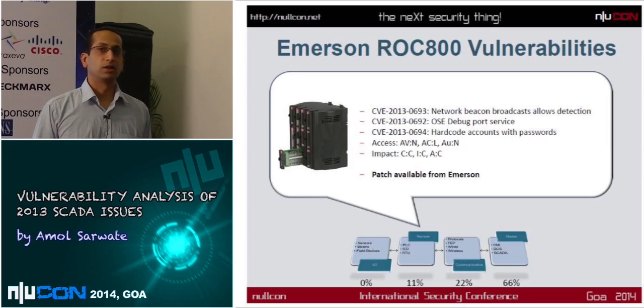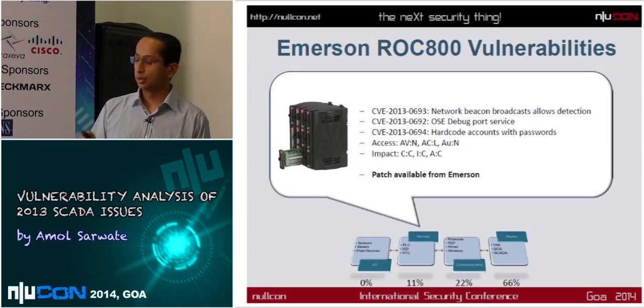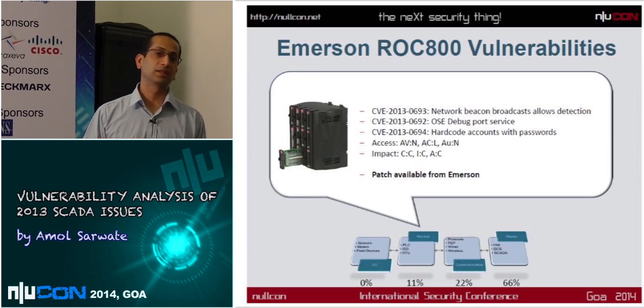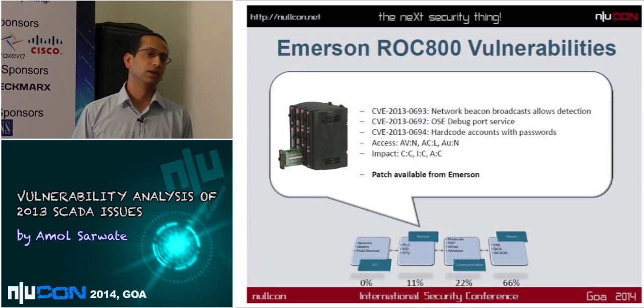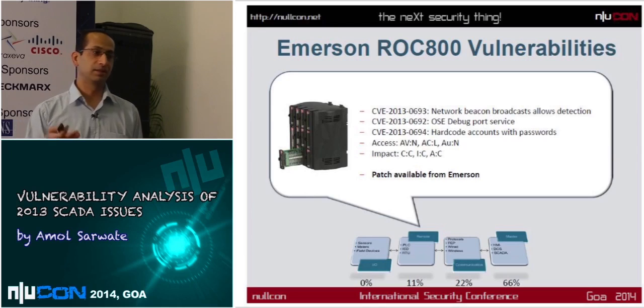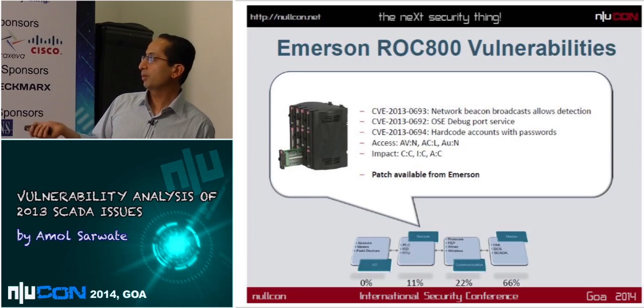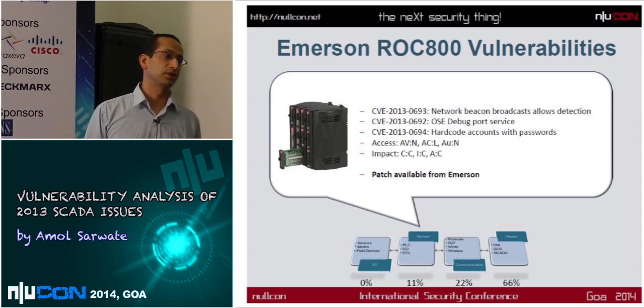And it was obviously designed to be useful for operators to know where their systems are, but again an attacker can also now hear that beacon and accurately find out where the particular PLC is located. On top of that, there was this debug port open on the service.